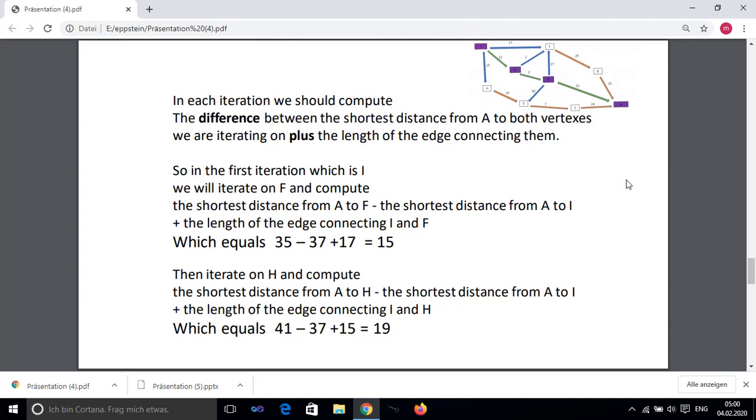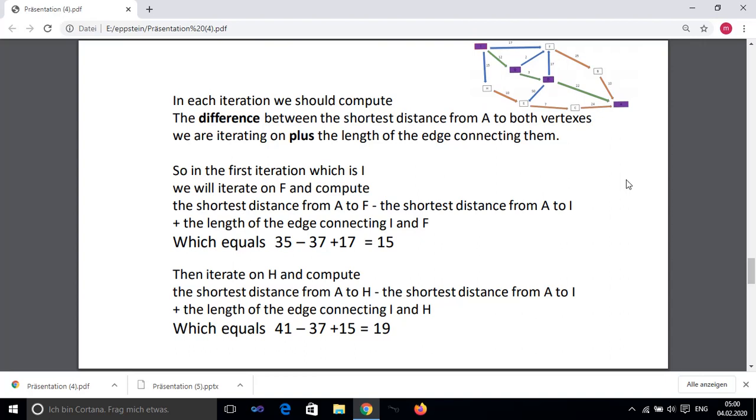So in the first iteration, which is I, we will iterate on F and compute the shortest distance from A to F minus the shortest distance from A to I, plus the length of the edge connecting I and F, which equals 35 minus 37 plus 17 equals 15.